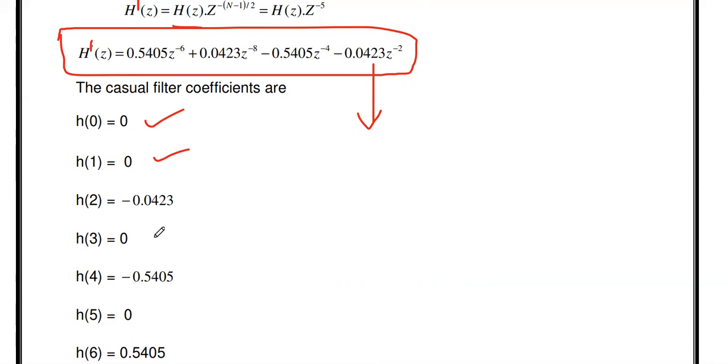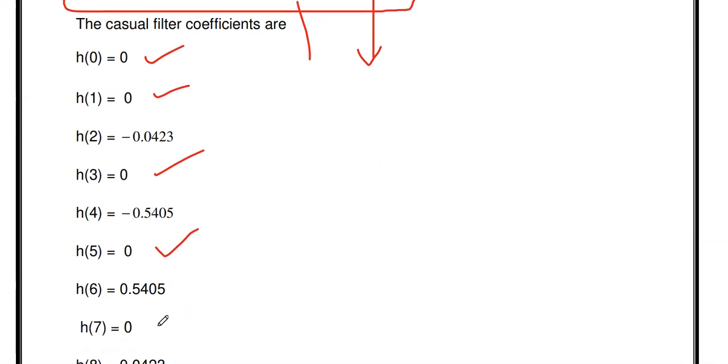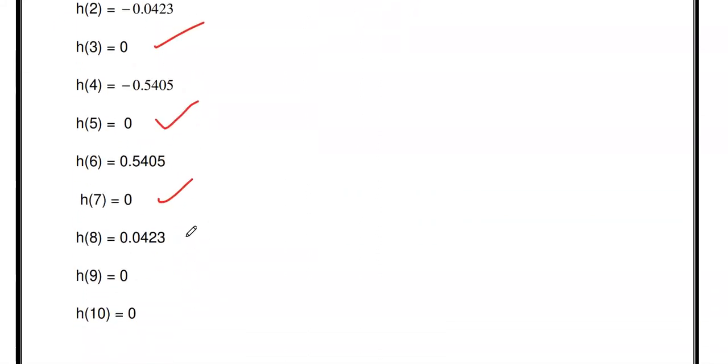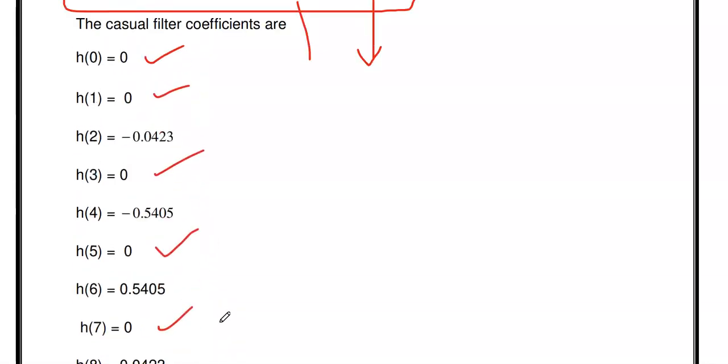Then H of 3, 0. H of 4 is minus 0.5405. H of 5, 0. H of 6 is 0.5405. H of 7 is 0. H of 8 has a value, and 9 and 10 are 0. So except these, we get only the 4 coefficients.